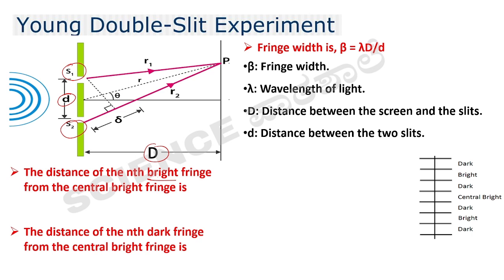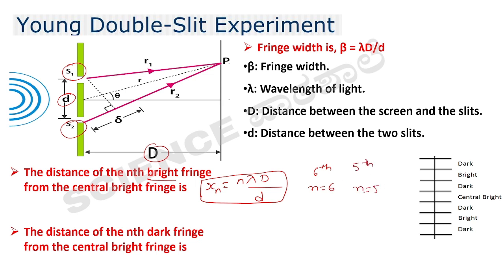The formula is xn is equal to n lambda capital D by small d. This is the formula for the distance of the nth bright fringe from the central bright fringe. For example, if it is the 6th bright fringe, n is equal to 6, for the 5th, n is equal to 5.